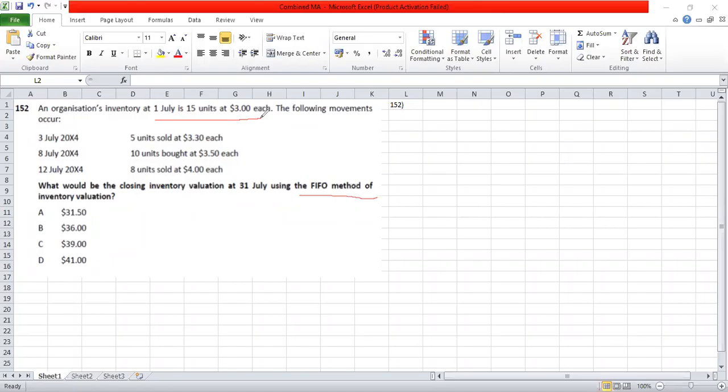Then apart from that, there is a sale transaction. Sale took place on 2 dates, and then they also bought additional material on 8th July to the extent of 10 units. So this has to be accounted. So if we are following FIFO method, then according to FIFO method, what is the value of the closing inventory? So that is what has to be done.